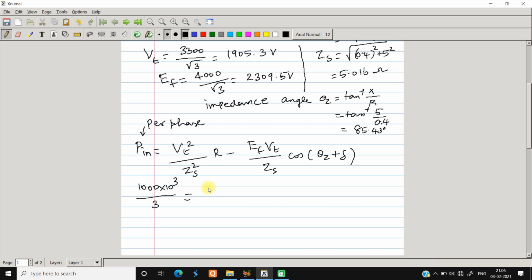So Vt, which is already found out, 1905.3 square, divided by Zs, which has been derived as 5.016, the whole square, into R, which is 0.4, minus the EF, which is 2309.5, into Vt, which is 1905.3, divided by Zs, which is 5.016, into cos of theta z, which is 85.43, minus this delta. So we need to find out what is this delta.